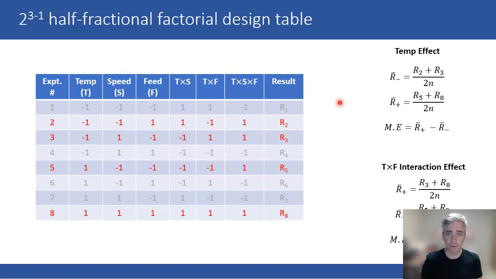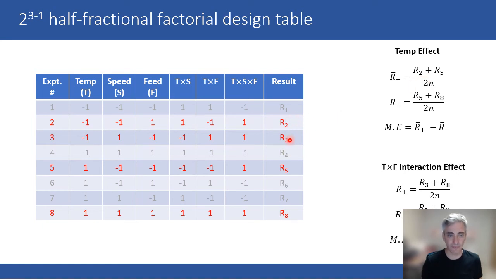So just as before, if I wanted to calculate the average effect of the low value for temperature, when the temperature is low, I would take these 2 values, R2 and R3, and the average effect with temperature being high, which is experiment 5 and experiment 8, results 5 and 8. And this time I'm not dividing by 4, I'm dividing by 2, because I only have two results.